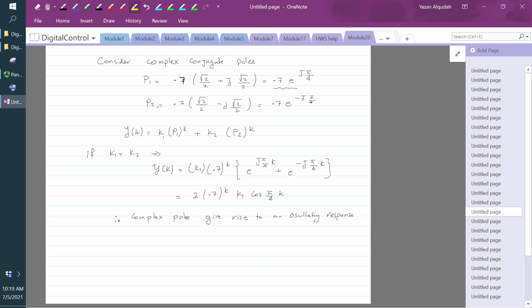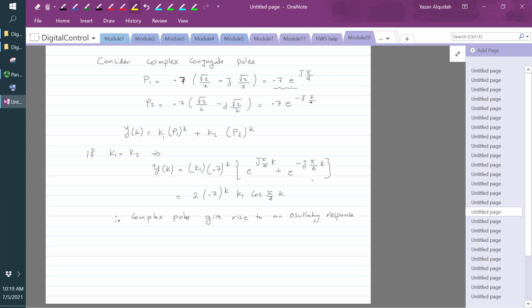Well, we can just plug it in. y of k is going to equal k1 multiplied by p1 to the k plus k2 multiplied by p2 to the k. And if we assume k1 is equal to k2, then I can write y of k equal to k1 multiplied by 0.7 to the k, e to the j pi over 4 to the k, so I took p1 and just took it to the power of k, plus e to the negative j pi over 4 to the k.